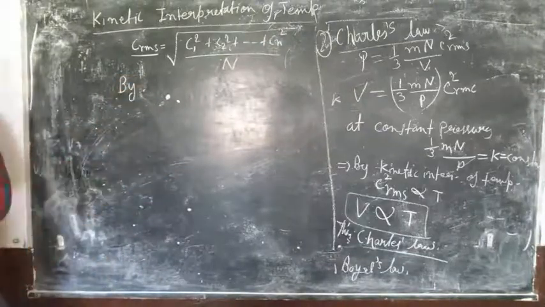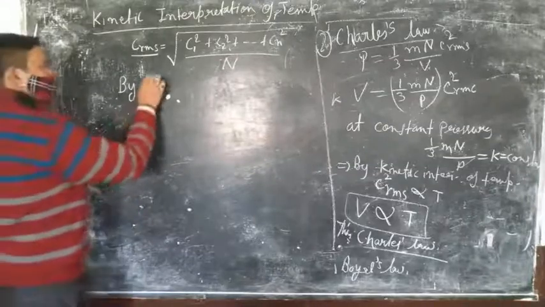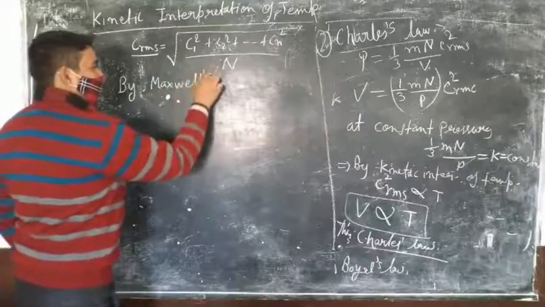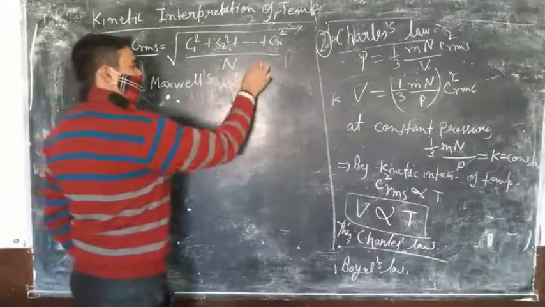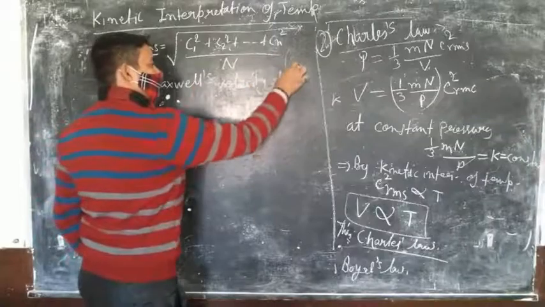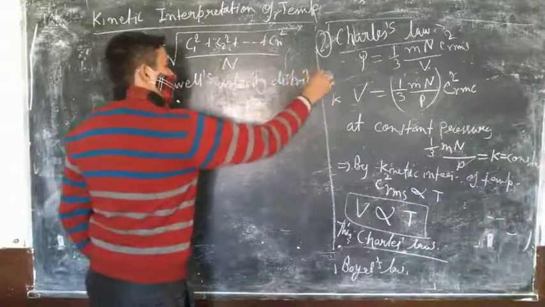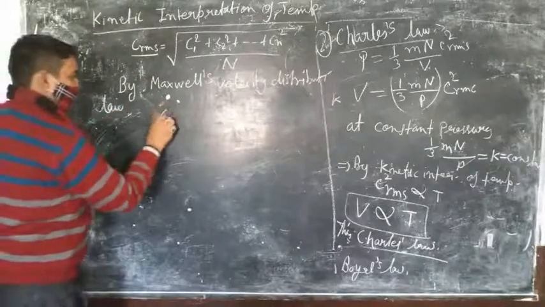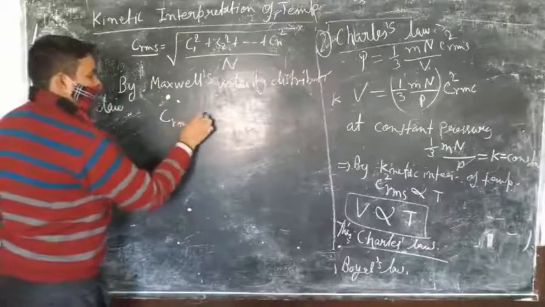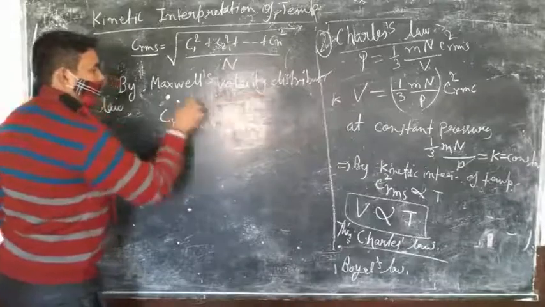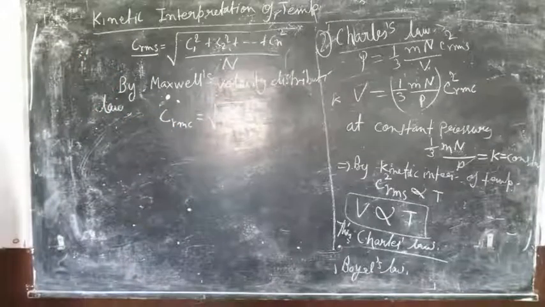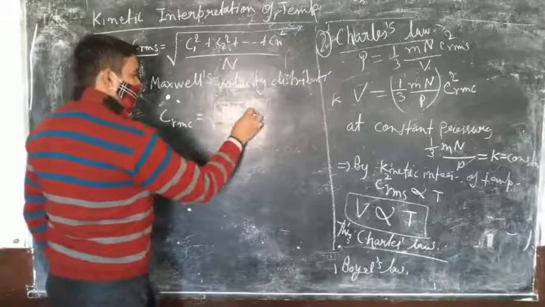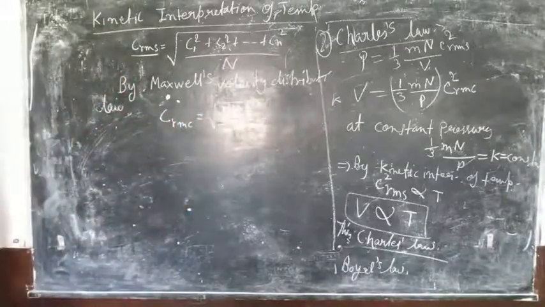Now, by Maxwell velocity distribution law, we calculate that Vrms is equal to under root of 3 kBT upon m.